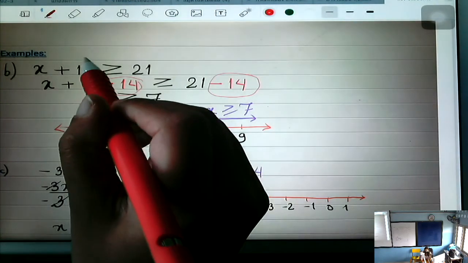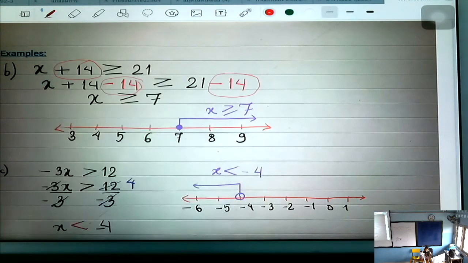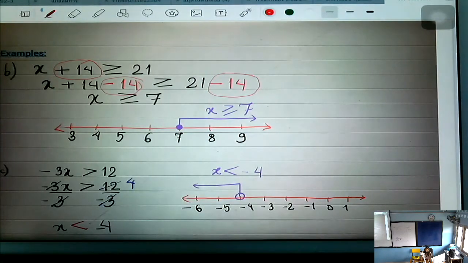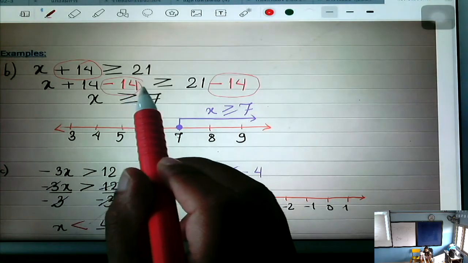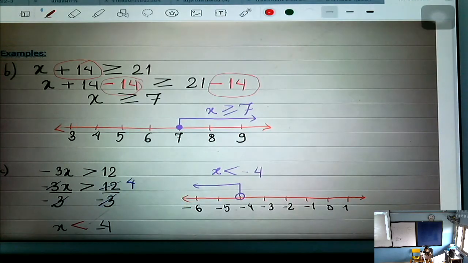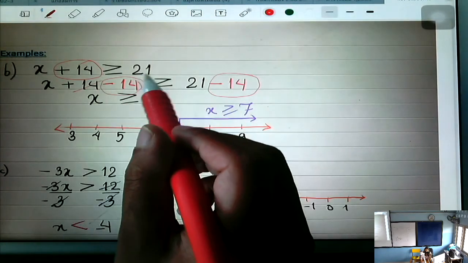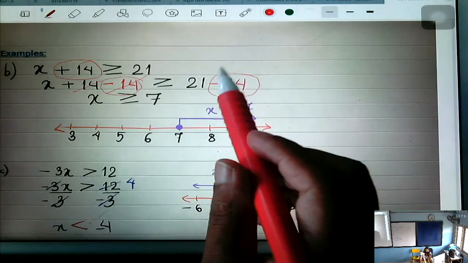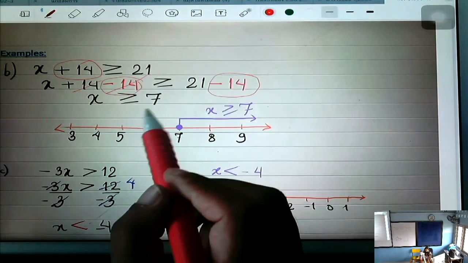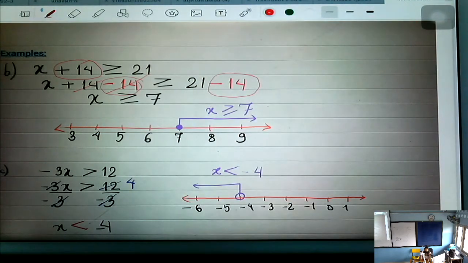Because you have to eliminate this 14 from the left side, so you substitute minus 14 on both sides. You must do it on both sides. So you can cancel 14 on the left side, and subtract 21 minus 14, you get 7. x is more than or equal to 7.